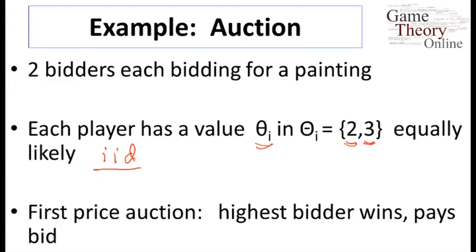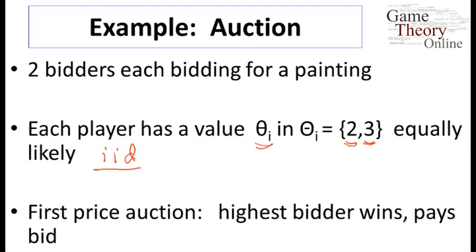So if I wake up and think the painting's worth 2, the chance that the other person thinks it's worth 2 or 3 is an even coin flip. What I end up thinking is completely independent of how much they like the painting. So our tastes are completely orthogonal.